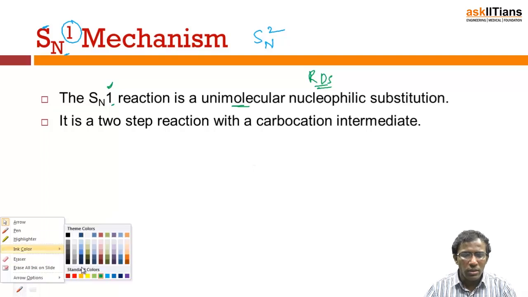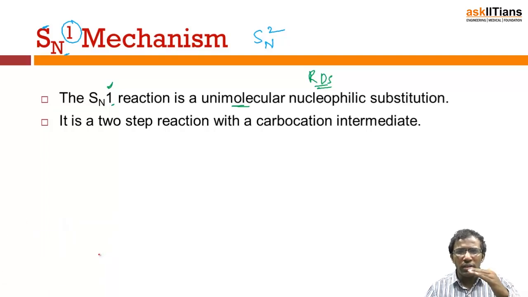So it is a 2-step reaction with a carbocation intermediate. We know what is meant by an intermediate, right? If a reaction is a complex reaction occurring in 2 or more steps, then intermediates are going to be formed. That intermediate forms in 1 step and is consumed in the next step. It is like a temporary species formed during the reaction mechanism.